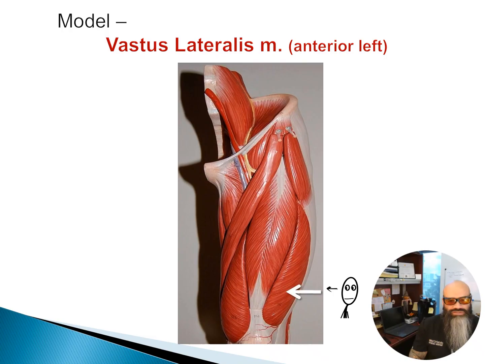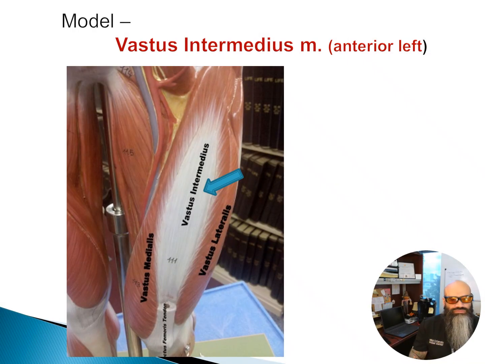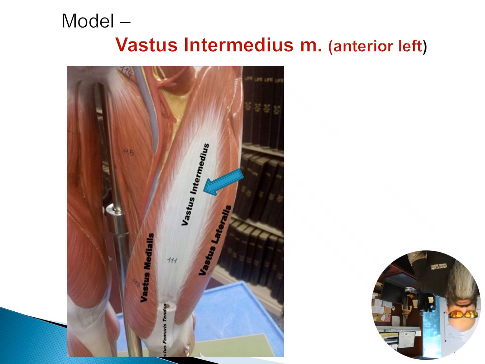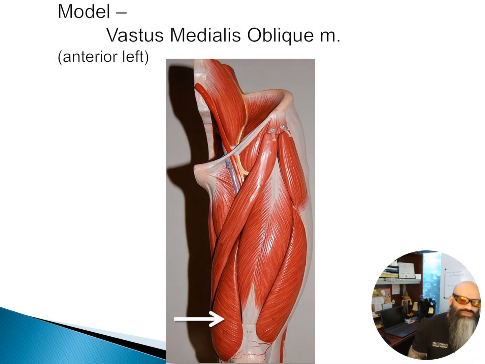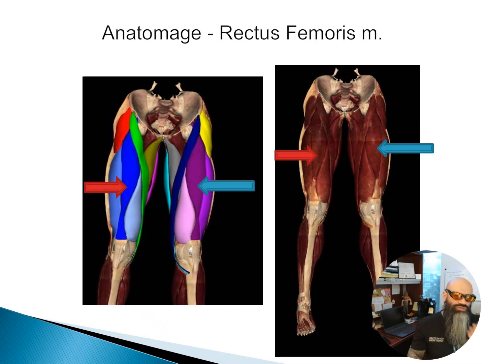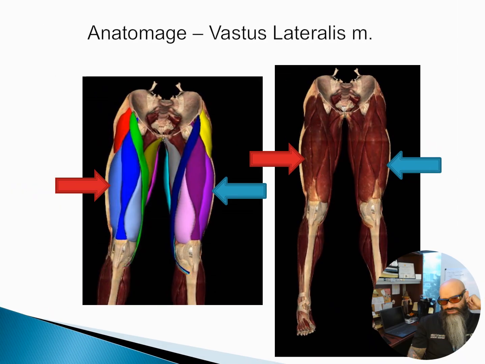Vastus lateralis, vastus intermedius, which has a location just inferior to the rectus femoris. Vastus medialis obliquus, that's another term for it. Looks like the teardrop muscle as we discussed in class. It's located, and here's some more imaging from the anatomical machine.